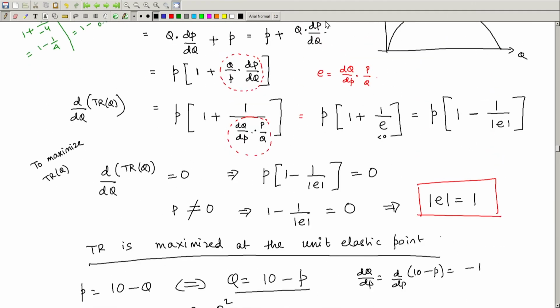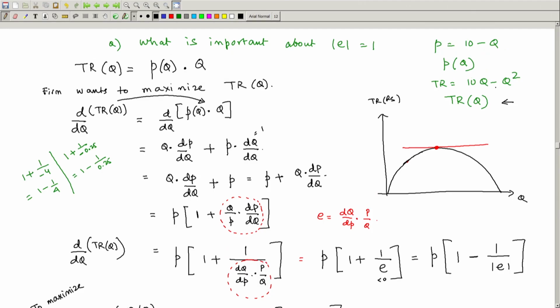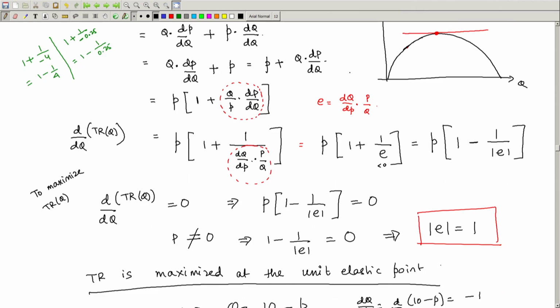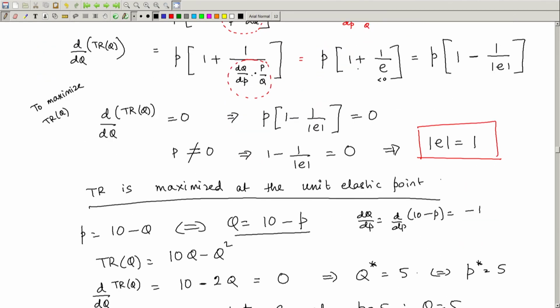In fact, we went through the derivation: to maximize revenue, I would set dTR/dQ equal to 0. A little algebraic manipulation gives us P times (1 minus 1 over the absolute value of E) equal to 0, which gave us the absolute value of E equal to 1.